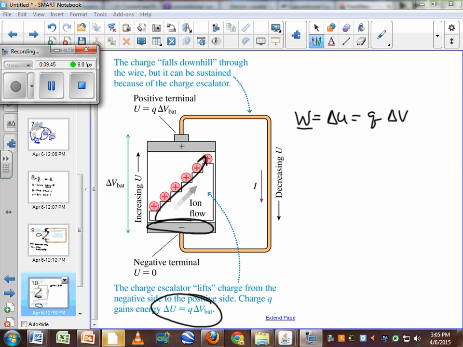So the work that's done gives that charge a change in potential energy, and you just multiply the charge times the potential difference to see what that change in potential energy is. The negative terminal is at potential energy equals 0, and the positive terminal is at potential energy equaling Q delta V.